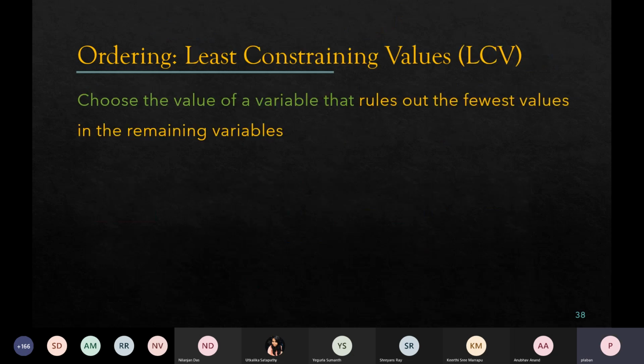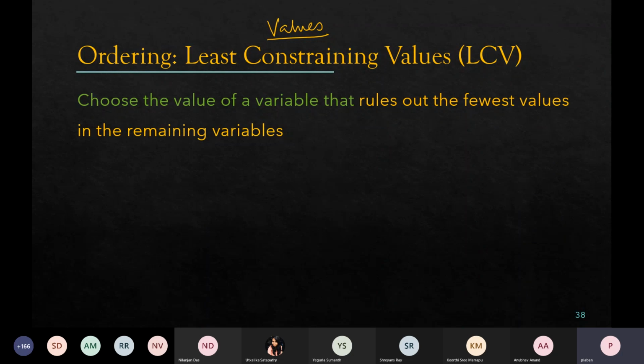Now the other kind of ordering relates to the values. In the earlier case, we chose the variable that is most constrained. If we are left with the fewest possible assignments, that variable is most constrained.